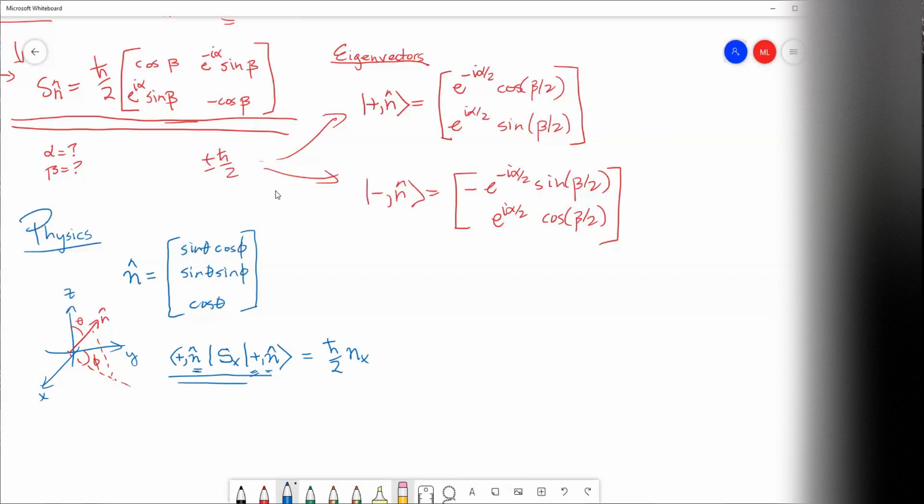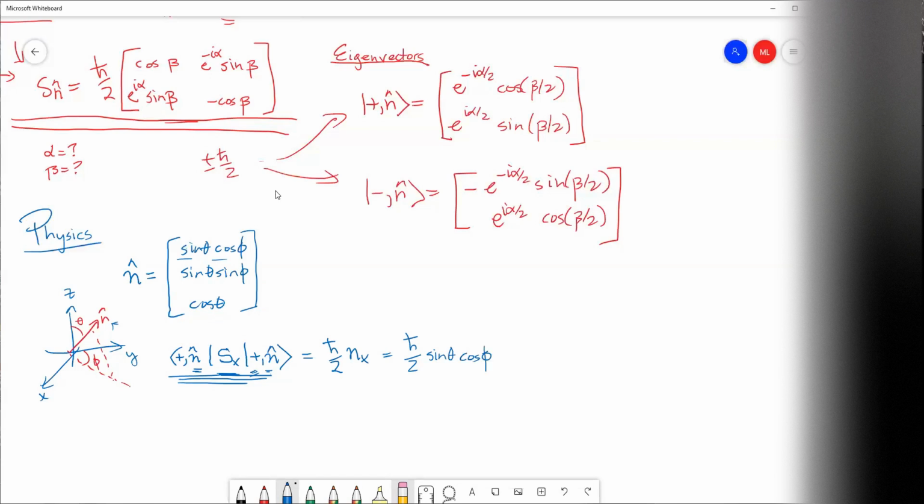If you prepare the spin along this direction and measure the x component of that spin, the x component is just this. So on average, the expectation value of that operator better be h bar over 2 sine theta cosine phi.